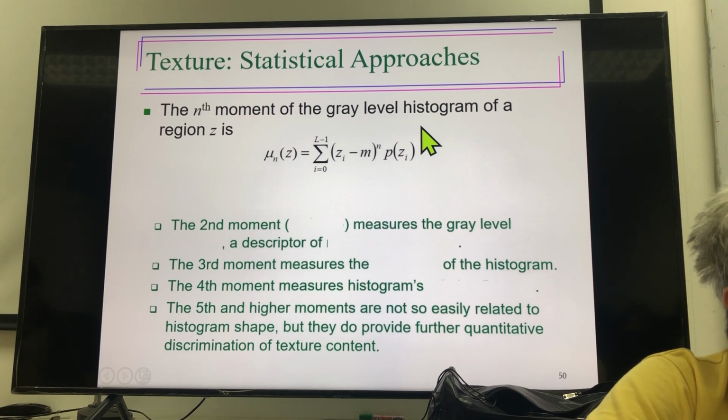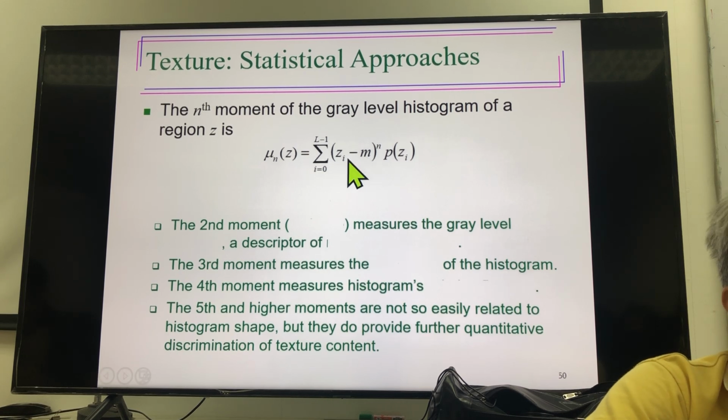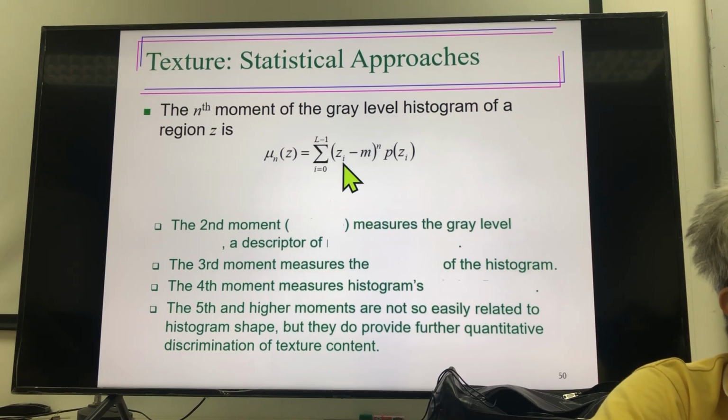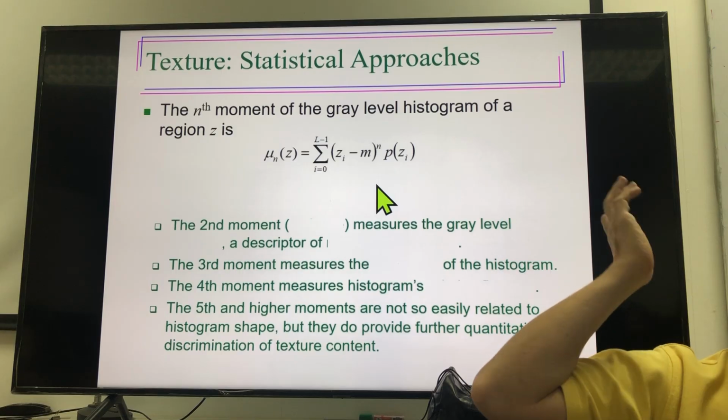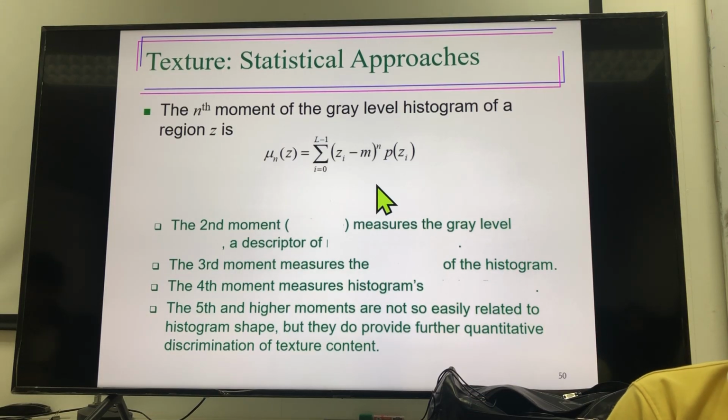You can find the moment of the gray levels. This is different from the boundary descriptor, because this Ci is the value of the intensity, not the distance. So Ci minus the mean, the whole thing to the n, times P. And then you can measure maybe up to 5 moments.